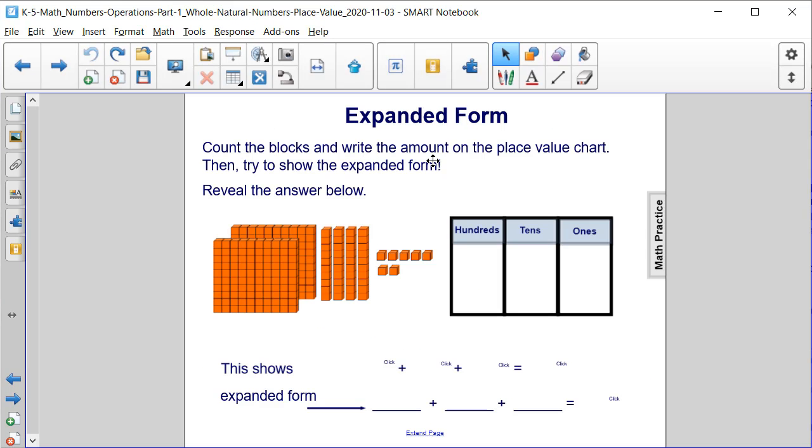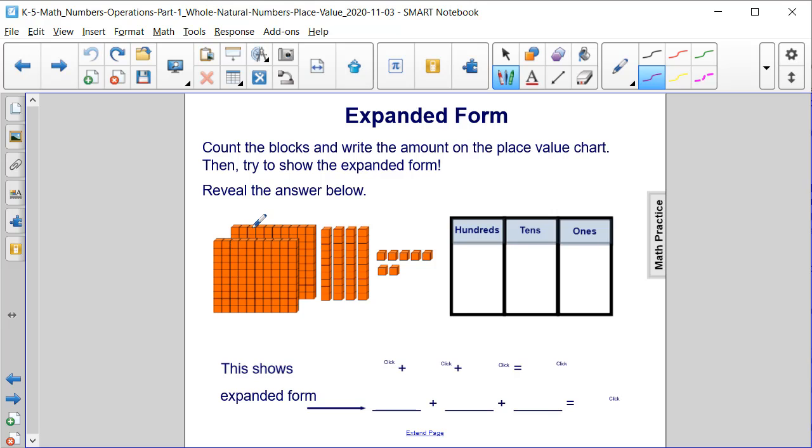Count the blocks and write the amount on the place value chart. Then try to show the expanded form. And we can reveal the answers as we work through the problem. So first, let's analyze the types of blocks that we have here. The first sets represent 10 by 10 or sets of 100.